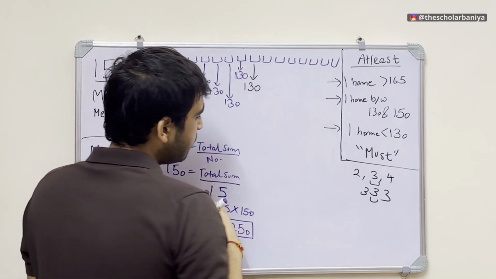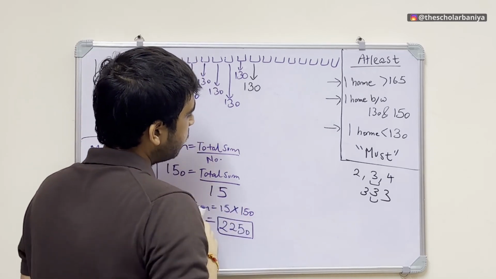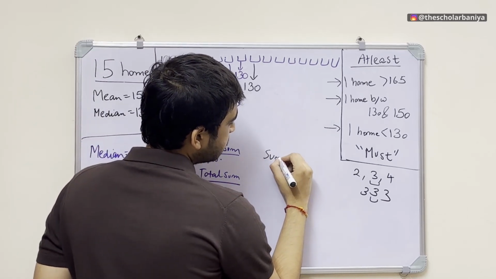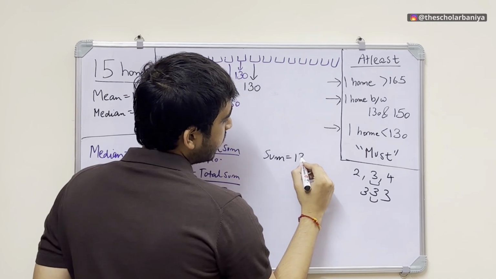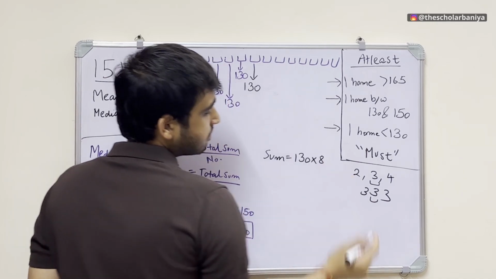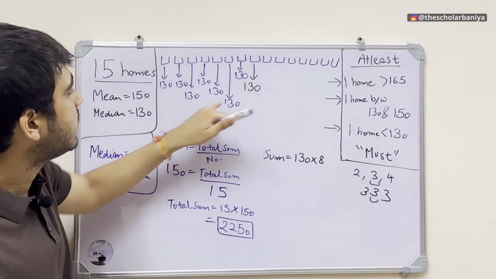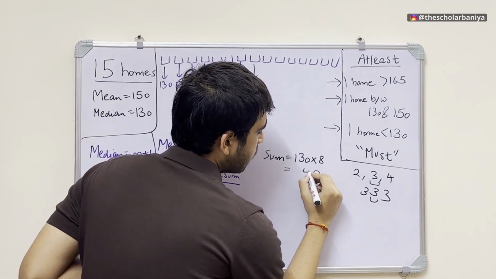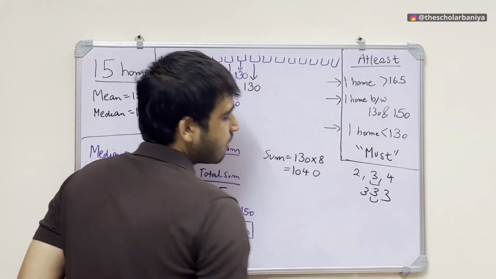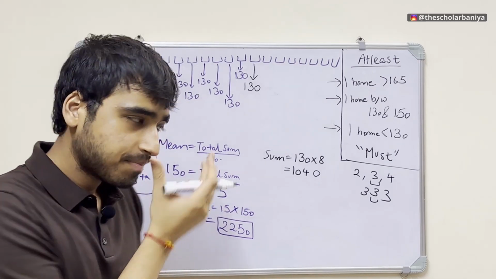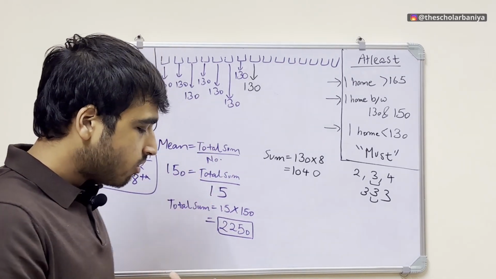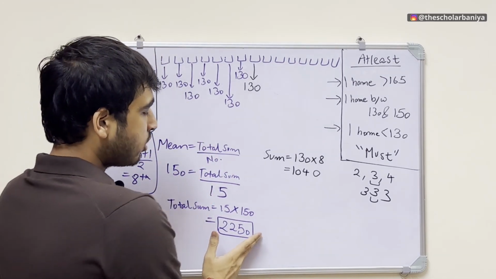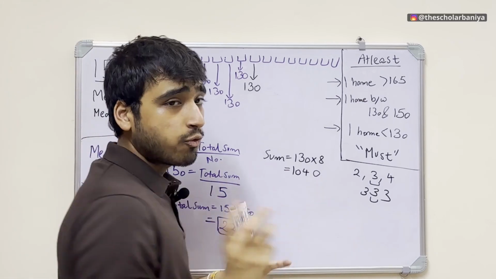So the sum will be 130 into 8, which is equal to 1040, right?